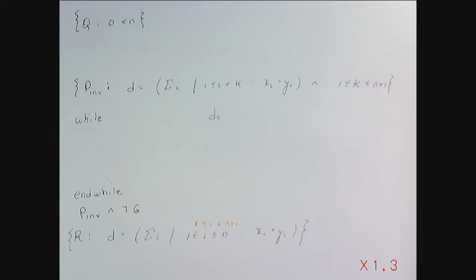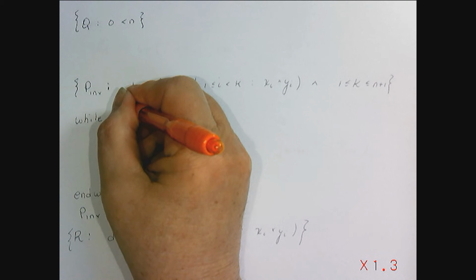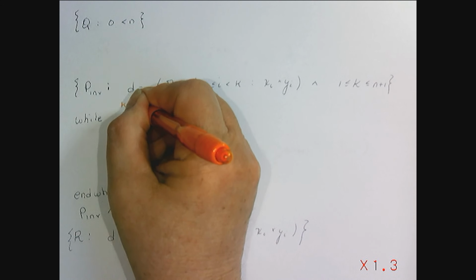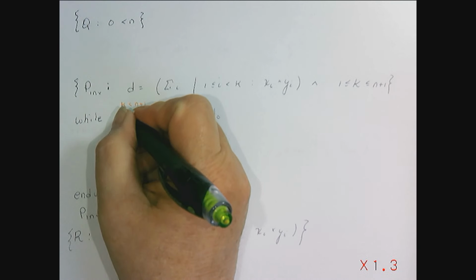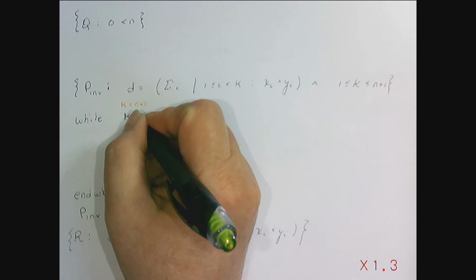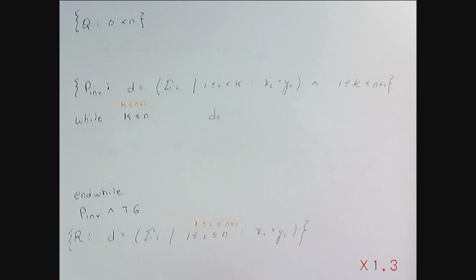So the guard is going to be that k is less than n plus 1. I'm going to write it instead as k is less than or equal to n, which again is equivalent to k being less than n plus 1. Okay, so that is my guard and my first step.